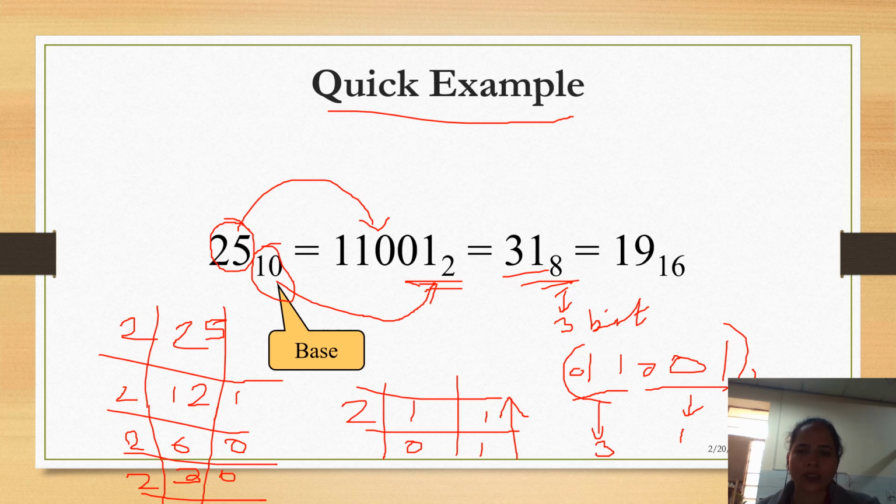Now if we want hexadecimal, we just take binary to hexadecimal. In hexadecimal representation, the bits are grouped using 4 bits.